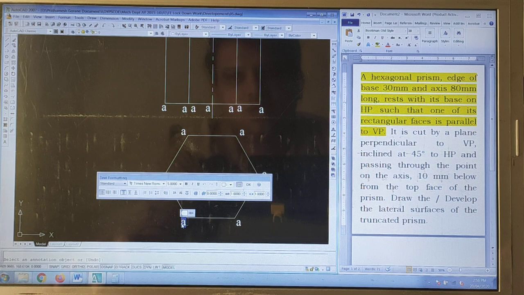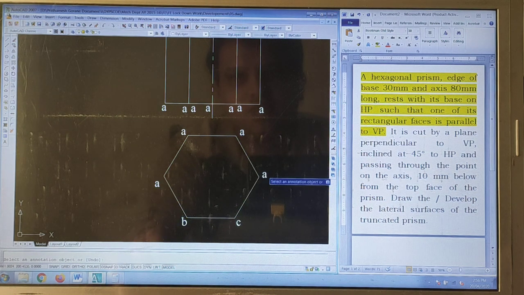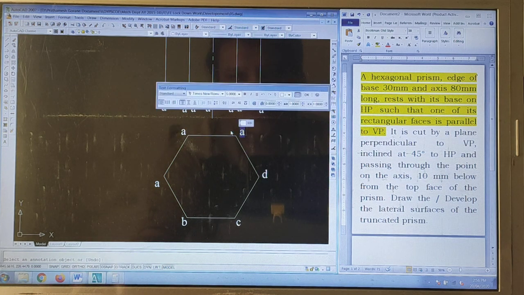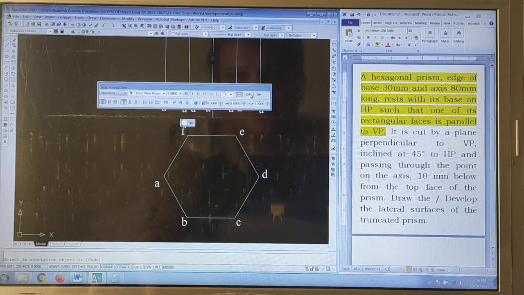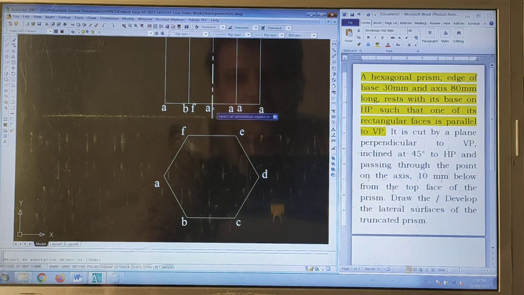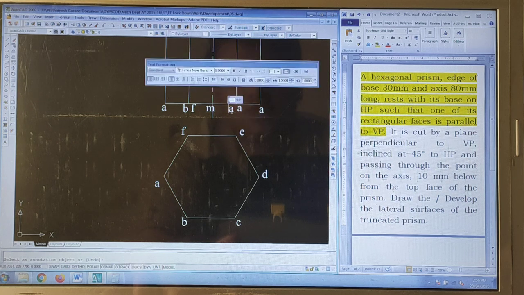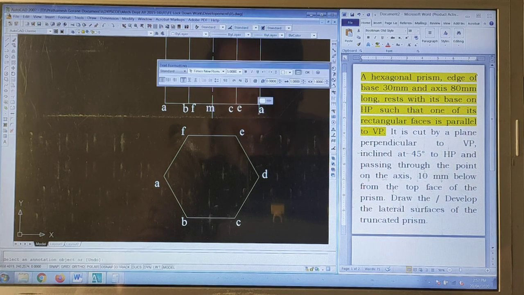This will be B, C, D, E, F. So this is B and this is F, this is M, this is C E, and this is point D.